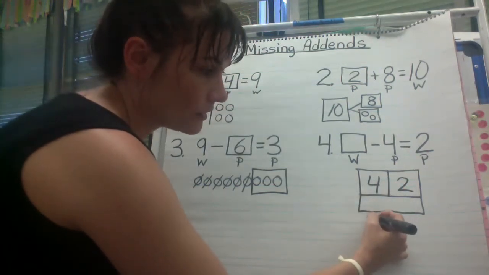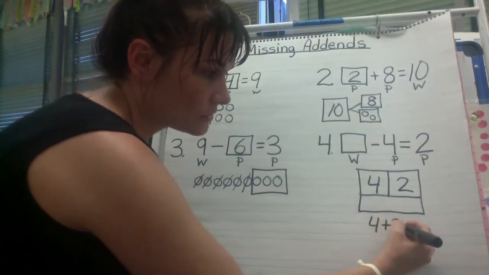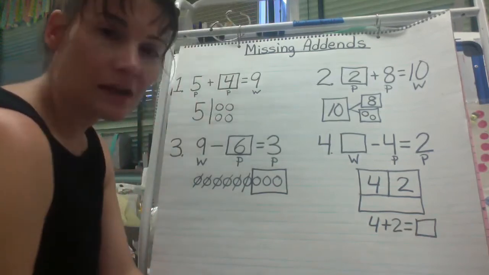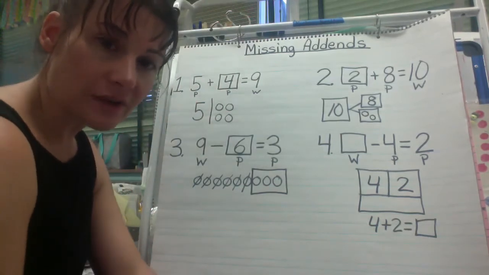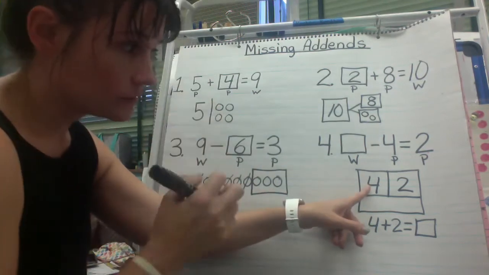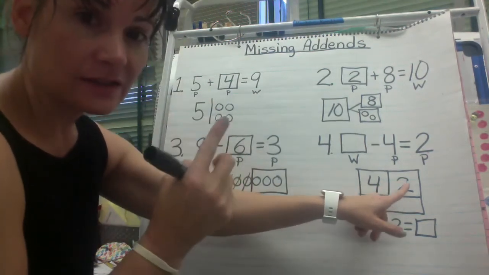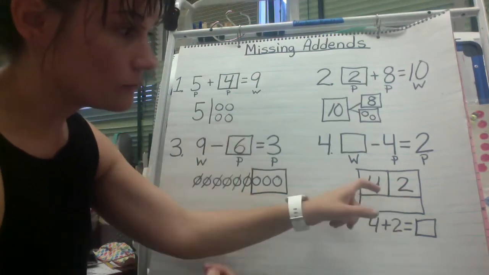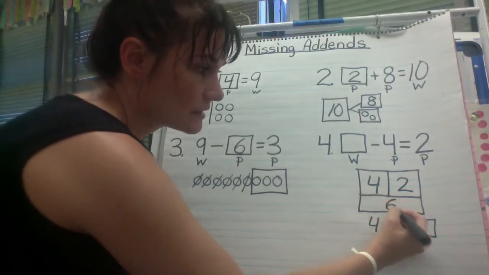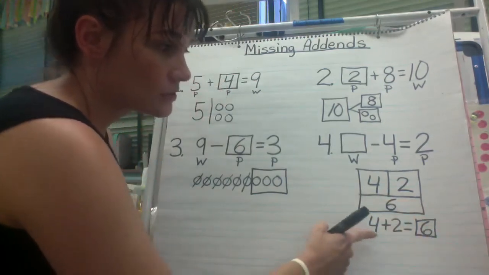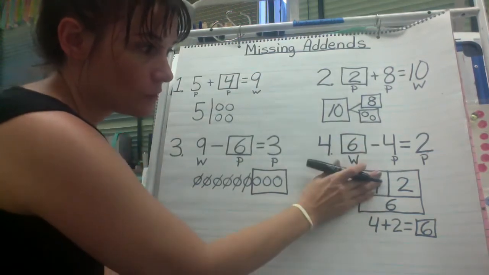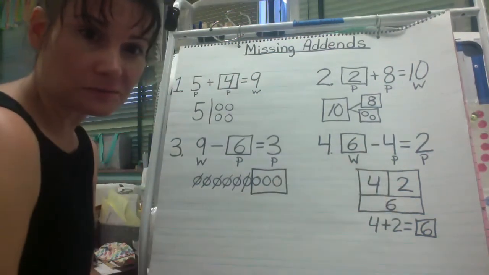So I'm going to think 4 plus 2 equals my whole. Let's count on to find out what my whole is. 4, 5, 6. So 4 plus 2 is 6. So 6 minus 4 equals 2.